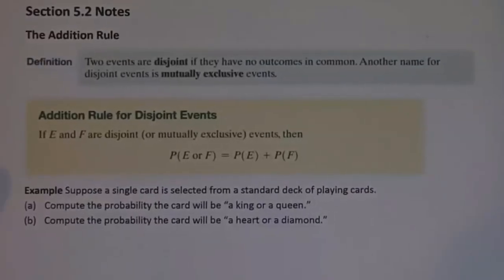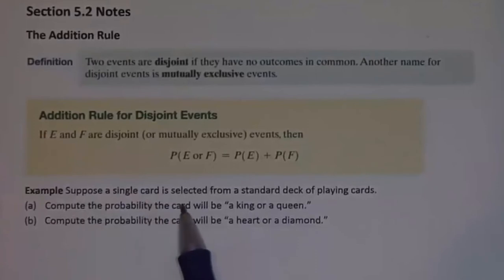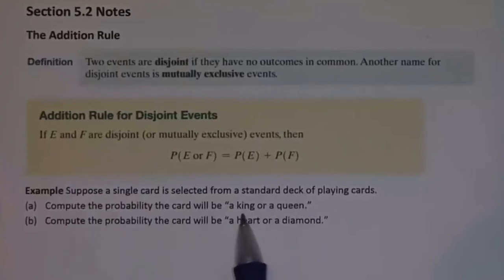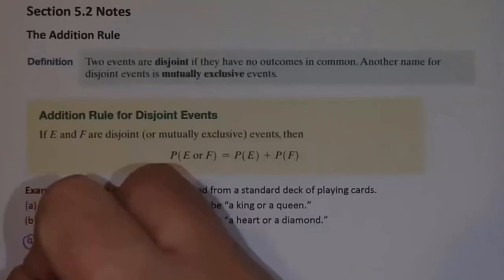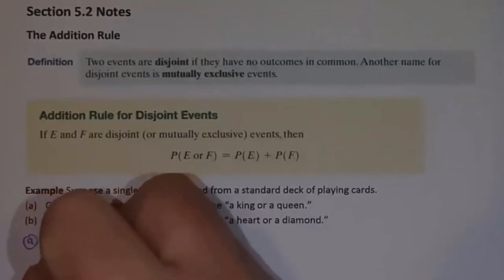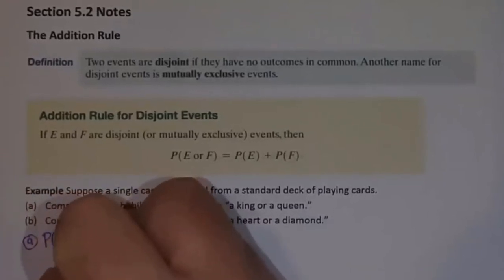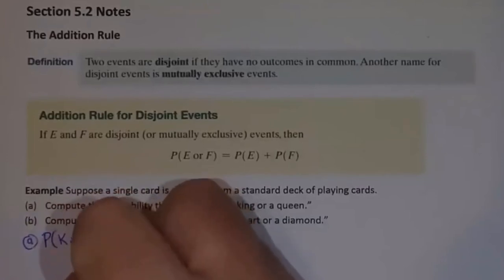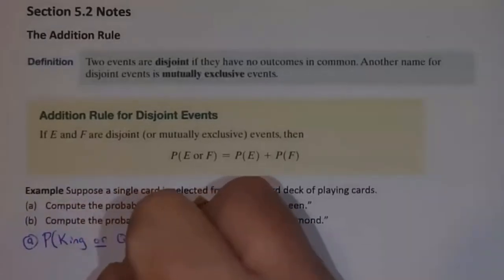So for example, suppose a single card is selected from a standard deck of playing cards. Compute the probability that the card will be a king or a queen. Compute the probability the card will be a heart or a diamond. In part A, we want the probability that a single card will be a king or a queen.